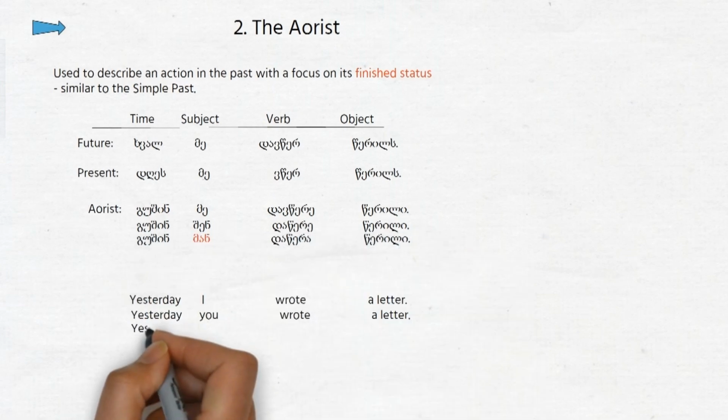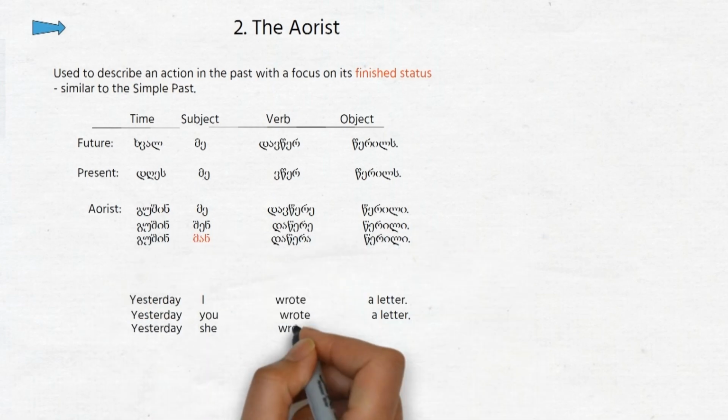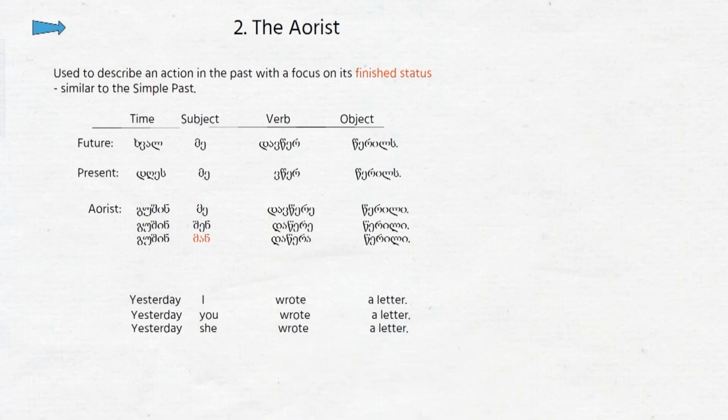Now third person singular looks already a bit different. What happened? The verb itself, das era, so obviously the ending here is a. We just add the a. Of course the preverbs are important for the aorist. But here we see that the subject has changed. So it's not is das era, but man das era.